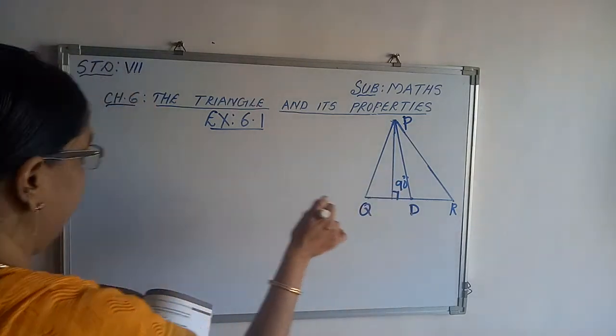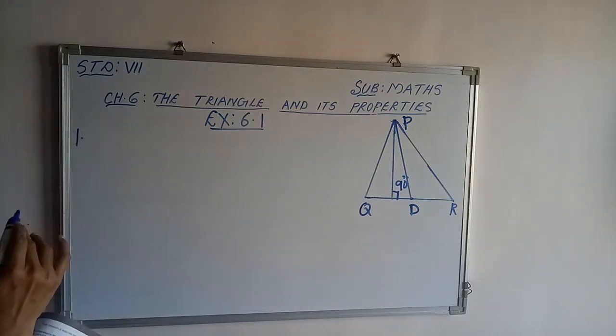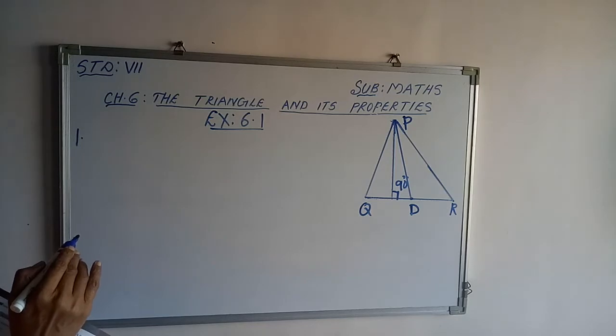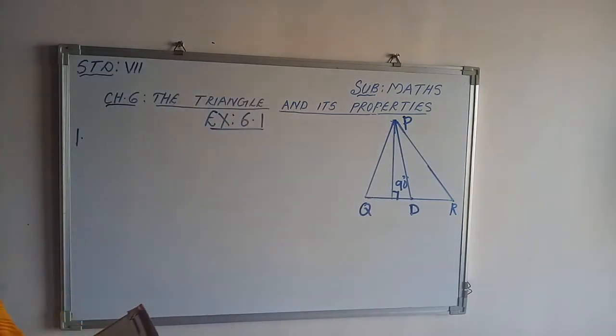Then what is PD? D is the midpoint, so what is PD? PD is the median. Now, the first question, PM.